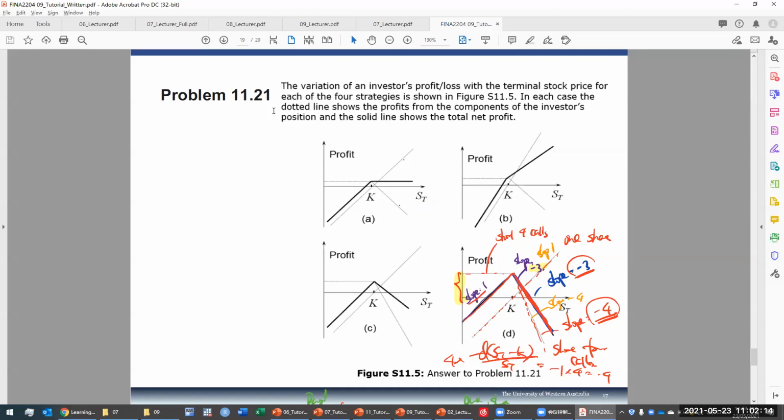So that means it's going to be 45 degrees. If I short 4 of that, that'll be -4, which means that's going to be a lot steeper. When you combine -4 and +1, that becomes -3, and that's how you would draw that in that case, right?